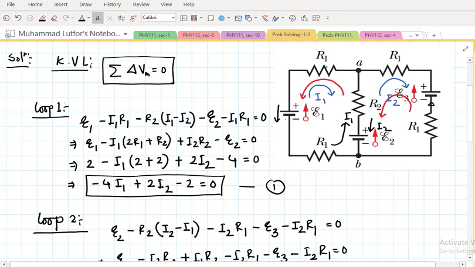I can go through this branch, or through the R2 and E2 branch, or through the branch R1, E3 and R1 again to come to point B. In every branch the net potential difference must be equal, because they are all in parallel connection.